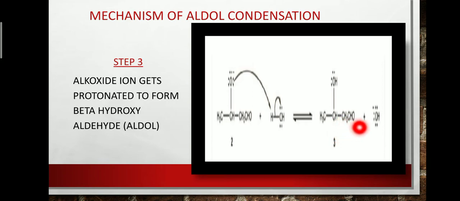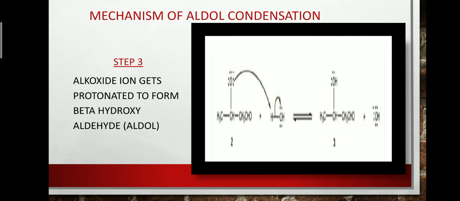We have an aldehyde group here, CHO, and CH2, that is the alpha carbon, and next to the alpha carbon is the beta carbon. In the beta carbon we have an OH group, an alcohol. So this is your beta hydroxyaldehyde, which we'll call an aldol.